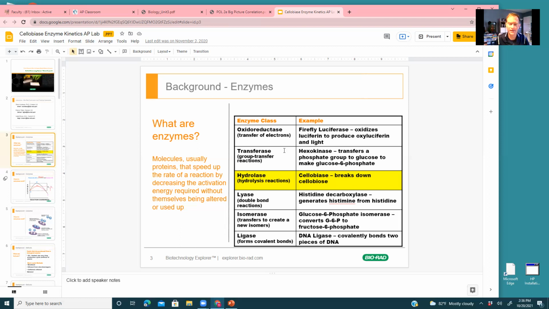Then lyases, which are double bond reactions, isomerases, which bend the atoms around on a molecule, and ligases, which stick things together. Whatever they do, if you learn the root at the beginning, that basically tells you what it's going to do. So hydrolase enzymes work by breaking down bonds between dimers or polymers.